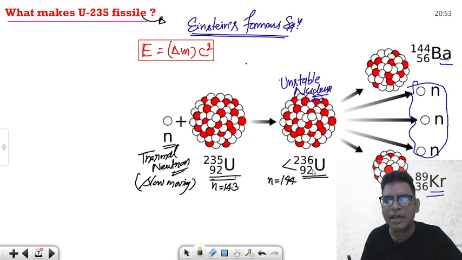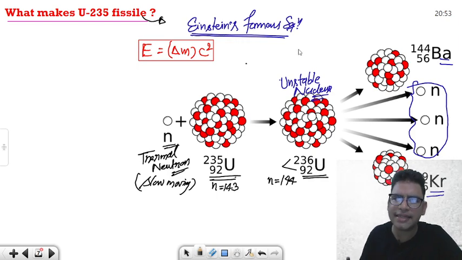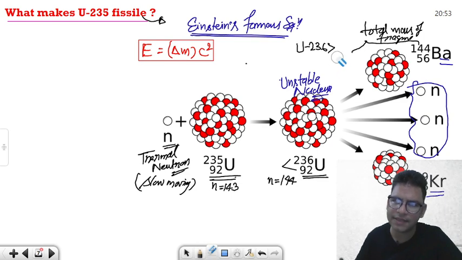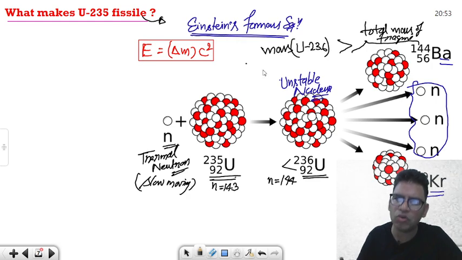What is delta m? The uranium 236 has greater mass than all of these components added together, right? So the mass of uranium 236 is greater than the total mass of the fragments.